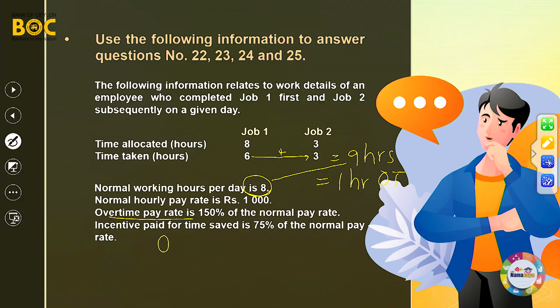The normal rate is 1000 rupees, so 1000 into 150%. Overtime rate is 1500 into 1 hour overtime.